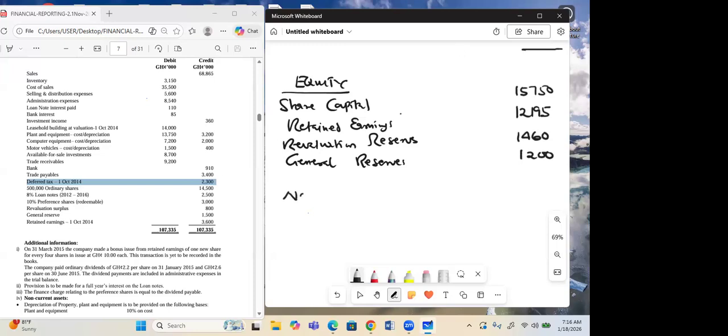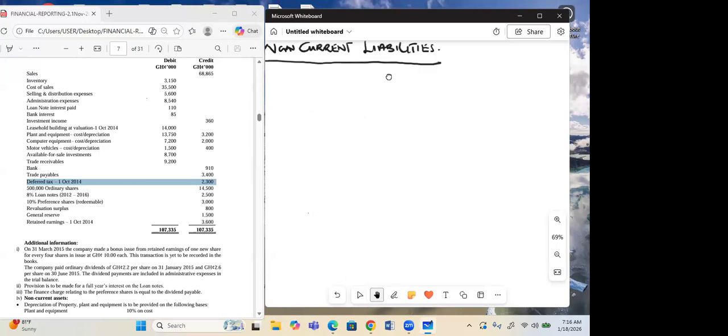Then we move to non-current liabilities. Check through the question. Was there any loan in the question? 8% loan note. Excellent.